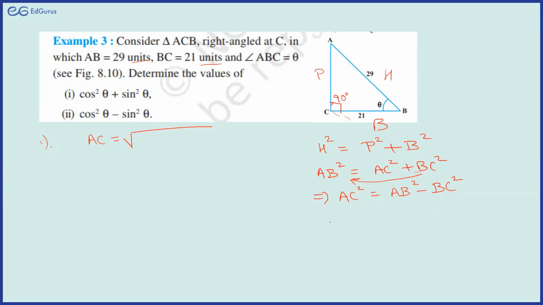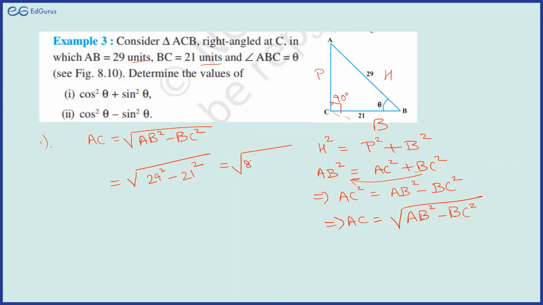Right? Yes, ma'am. So AC क्या होगा? AC will be square root of this thing, AB square minus BC square. Right? So AC is square root of AB square minus BC square. अब AB कितना दिया है? 29. So 29 square minus 21 square. Now what is the square of 29? 841. और square of 21 क्या होता है?